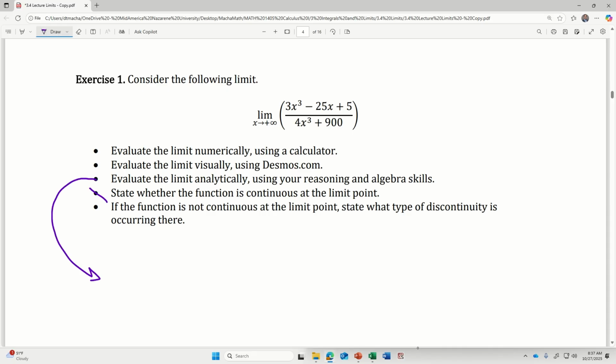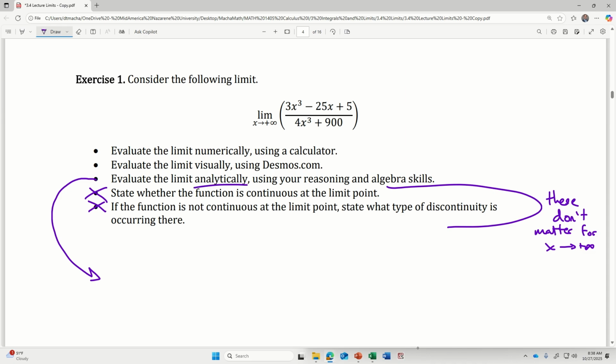And I already know that these questions don't matter for limits at infinity. So really, the only question I'm going to work for you on this example is evaluate the limit analytically.